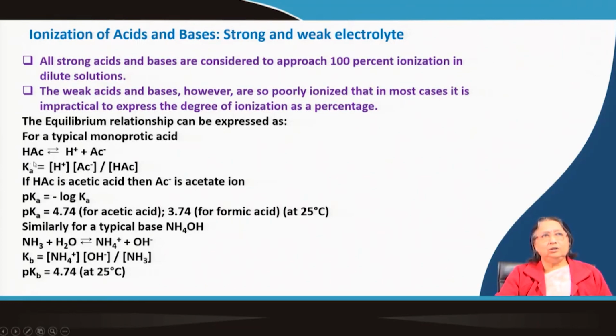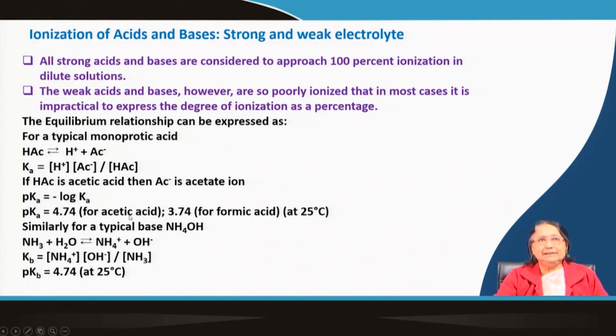Now, just like the H plus ion concentration and the pH, here also the Ka value and pKa value are similarly related. What is pKa? pKa is minus log of Ka. So, if Ka is in terms of 10 to the minus 5, then pKa will come in terms of 4 point something.